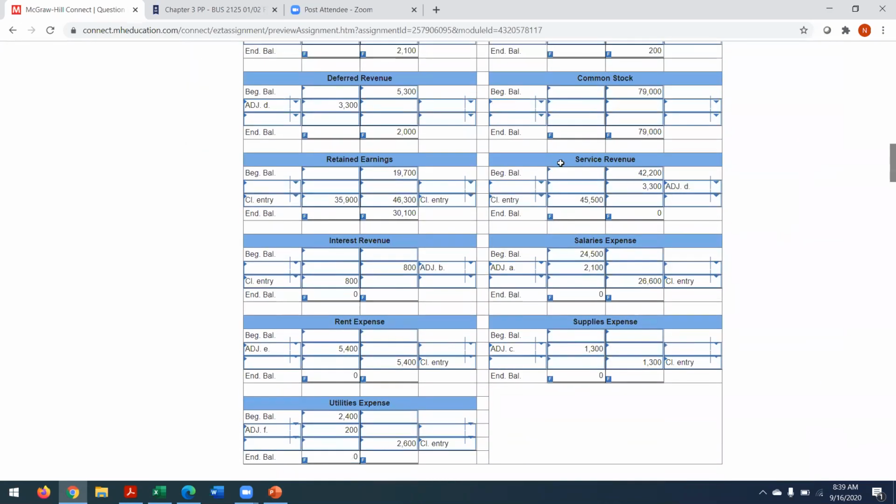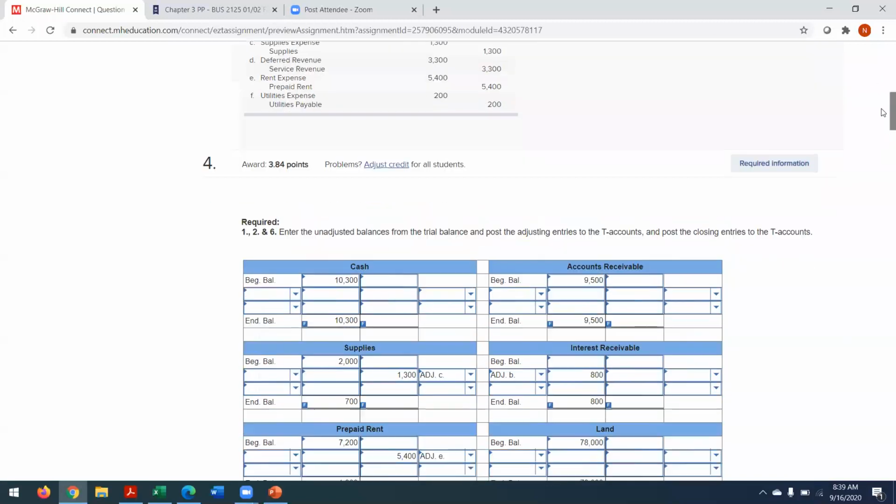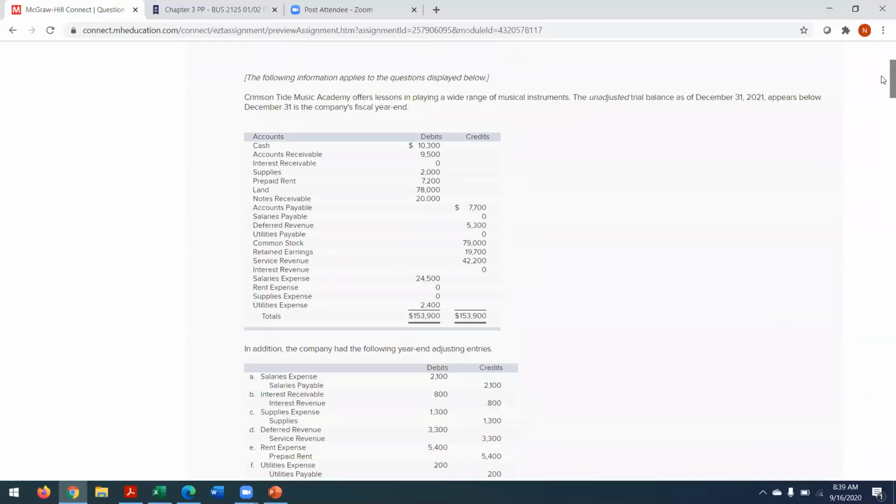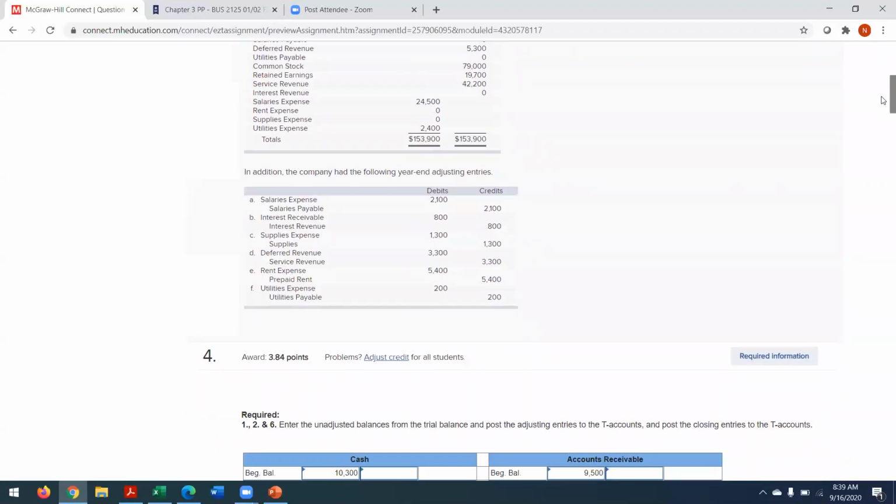You see here we did an adjusting A 2,100. So don't worry about these closing entries because we haven't gotten there yet. But this is kind of busy work. However, it's important that you go and you post appropriately a debit or a credit to these accounts, and then you post your adjusting entries.